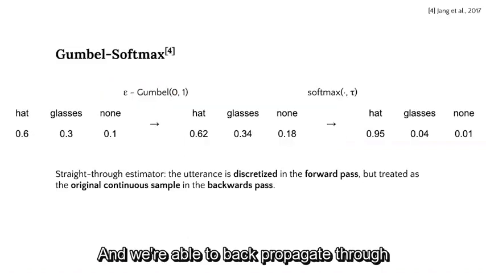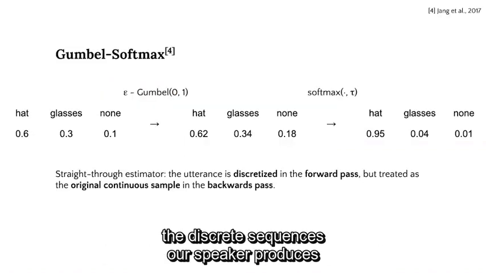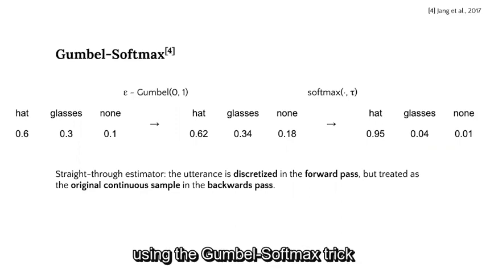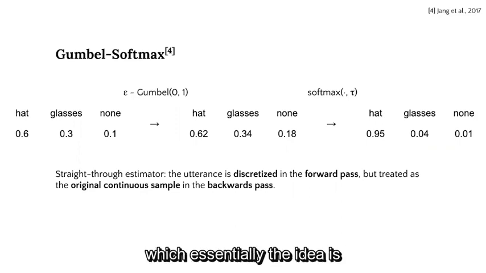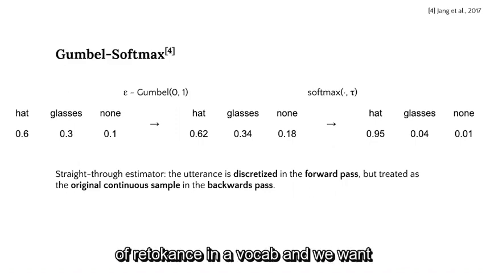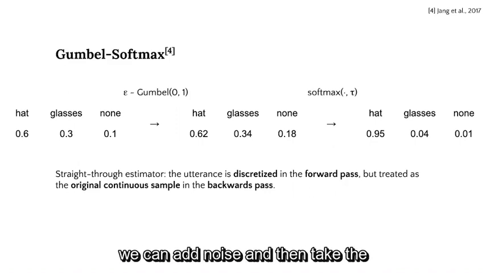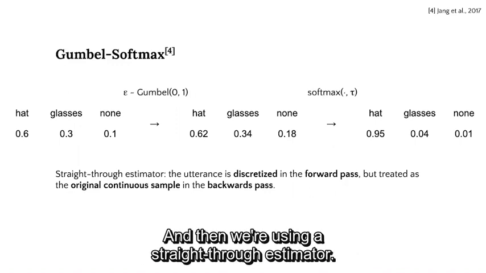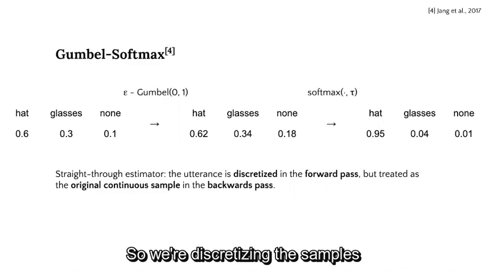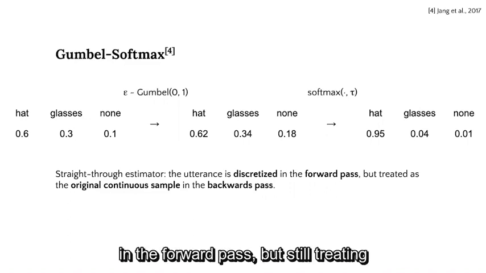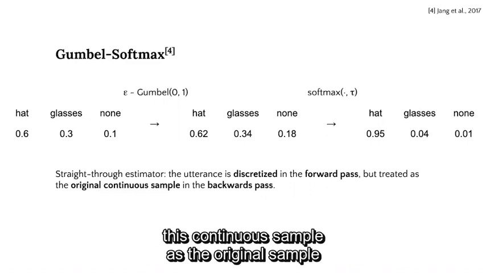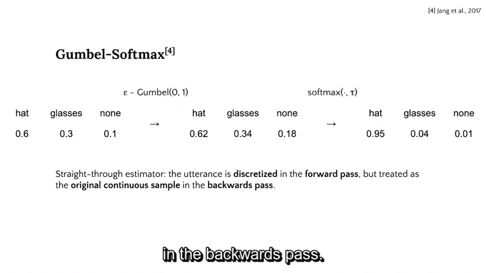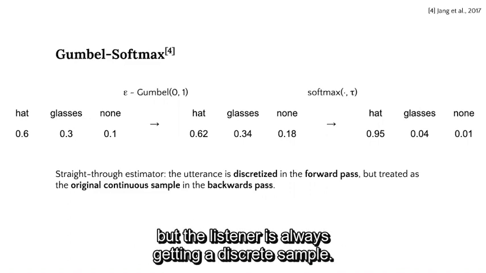And we're able to backpropagate through the discrete sequences our speaker produces using the Gumbel softmax trick, which essentially the idea is that if we have this distribution over tokens in a vocab and we want to take a differentiable sample, we can add noise and then take the softmax to make it look discrete. And then we're using a straight-through estimator, so we're discretizing the samples in the forward pass, but still treating this continuous sample as the original sample in the backwards pass. So we're able to backpropagate, but the listener is always getting a discrete sample.